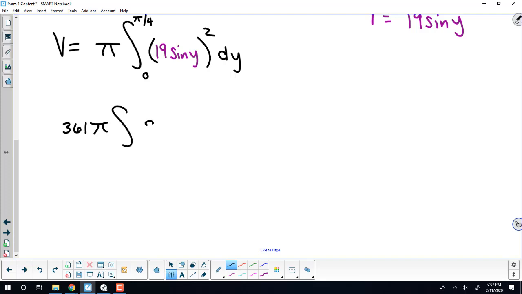So we have to integrate 19 squared sine squared. If everybody remembers how to do that, it's a super common integral. You can either remember the identity to transform it, or you can just remember the overall result. I don't really care.